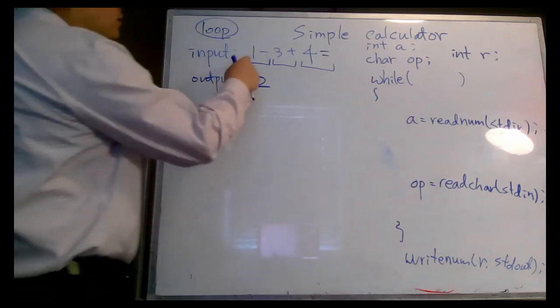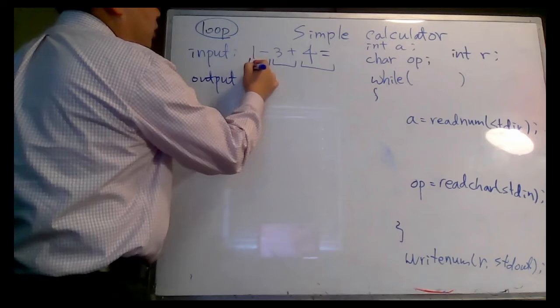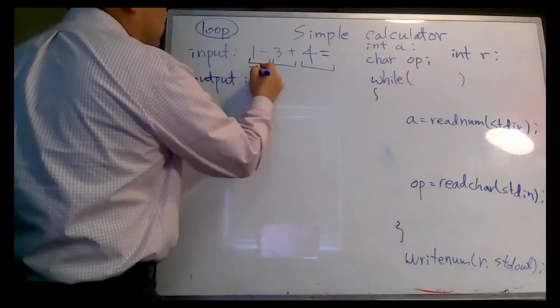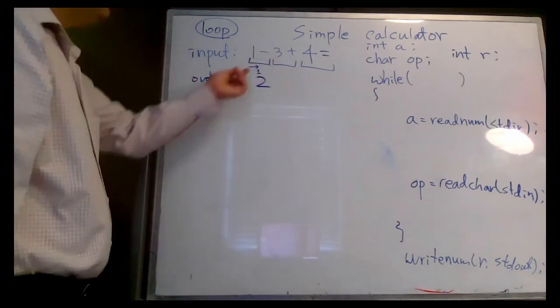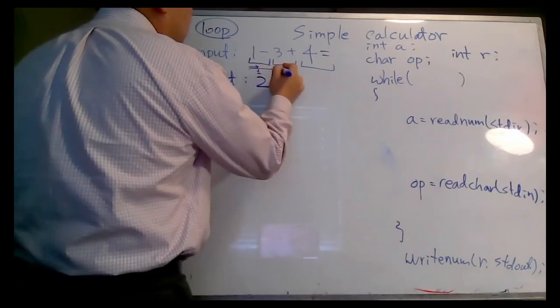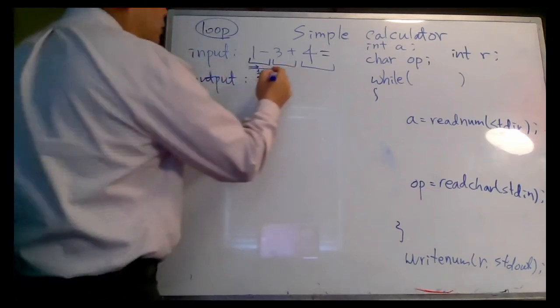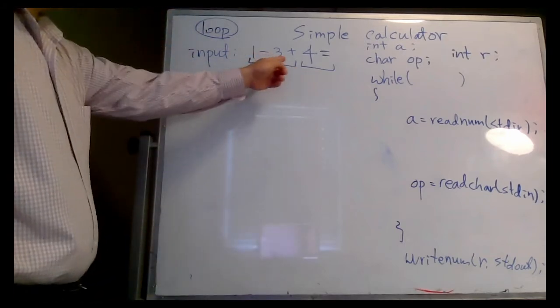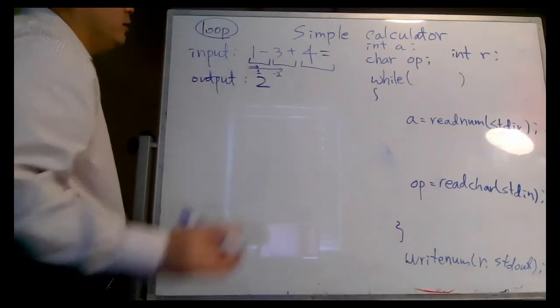Now let's think about this input. When you read 1, the result has to be 1, because 1 is 1. And then when you read up to here, the result should be updated to minus 2, because 1 minus 3 is minus 2.